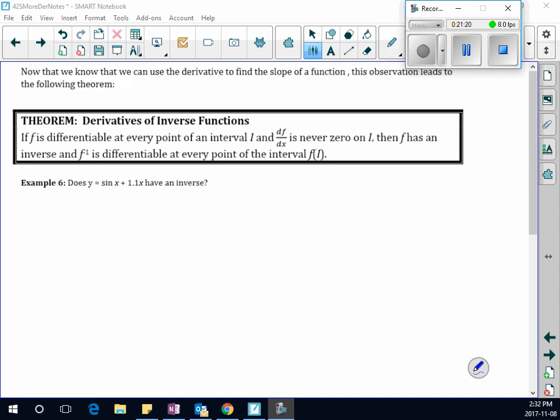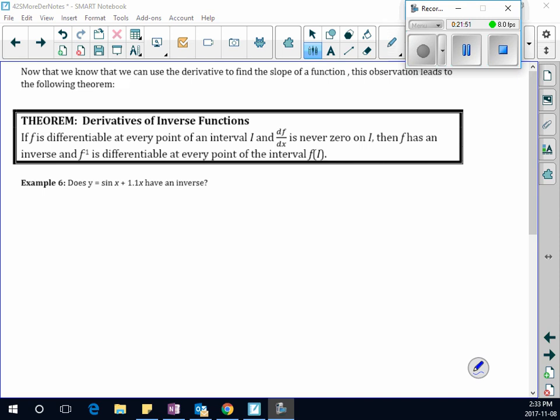Does y equals sine x plus 1.1x have an inverse? According to this theorem, what do we have to do here? If f is differentiable at every point on the interval, and df is never 0 on the interval, then it has an inverse, and the inverse is differentiable.